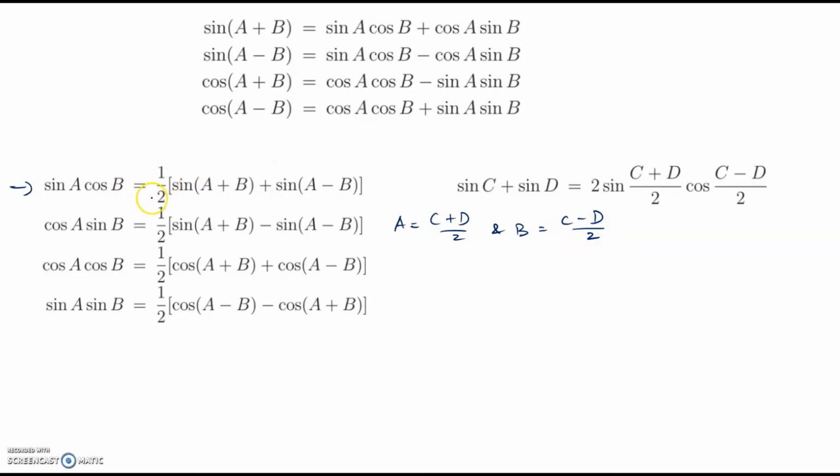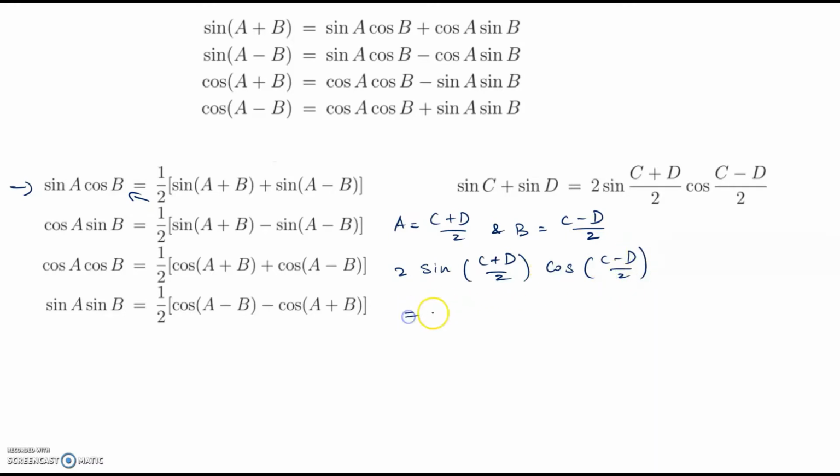And let's also move the 2 to the opposite side. So this becomes 2 times sin, our A is C plus D by 2, multiplied by cos, B is C minus D by 2.